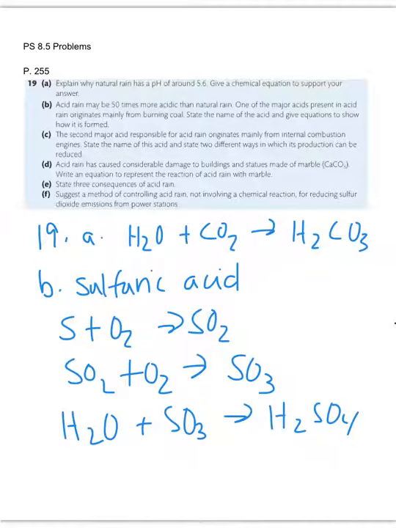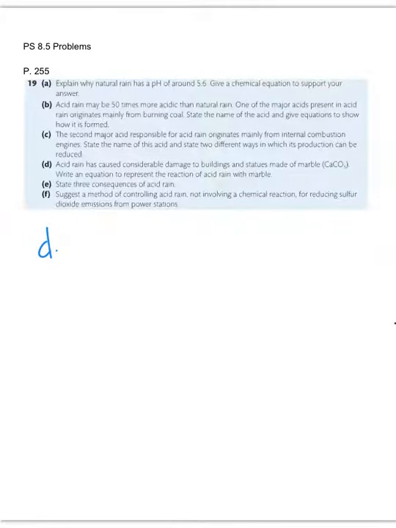So I'm going to go ahead and clear some space here, and we'll take a look at that. So part D, the name of the acid is nitric acid. And I don't have to write any equations here. I have to state two different ways its production can be reduced. Catalytic converters is one way. And that's a common way on cars in the United States.